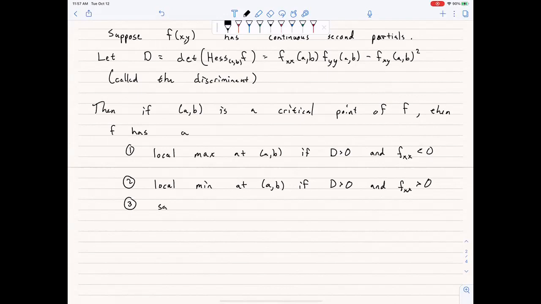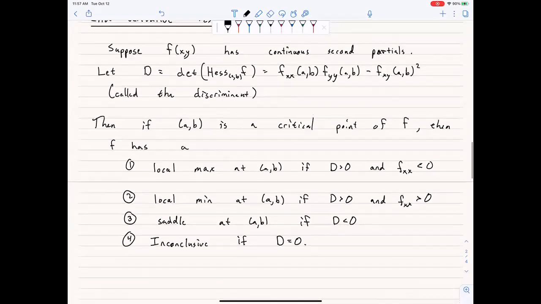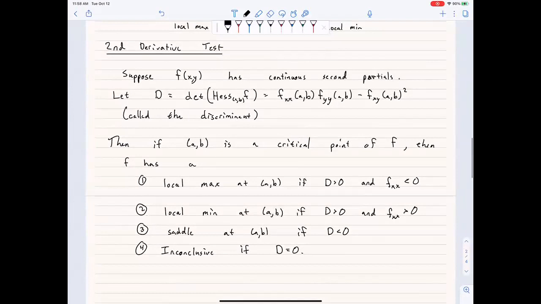It will have a saddle point if this discriminant is negative, and the test is inconclusive if the discriminant is 0. So you can't really say much. I mean, there are some things you can say actually, but they're beyond the scope of this course.